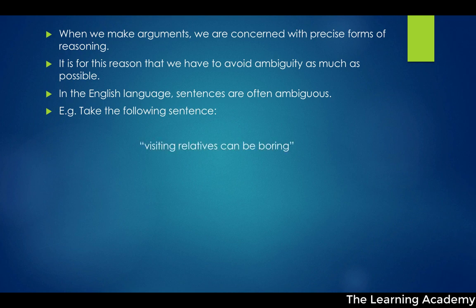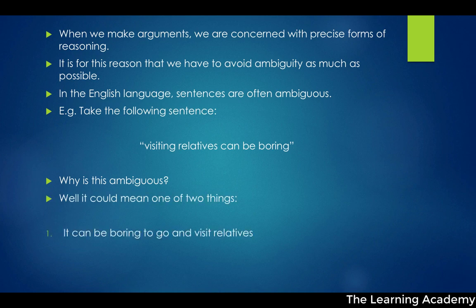Take the following example. The sentence is, "Visiting relatives can be boring." Whether or not this is true depends on your particular subjective experience, but this sentence is what we would call ambiguous. But the question is why? Well, it could mean one of two things.